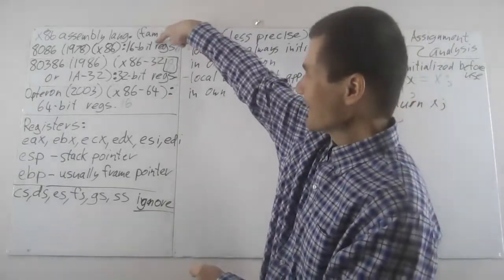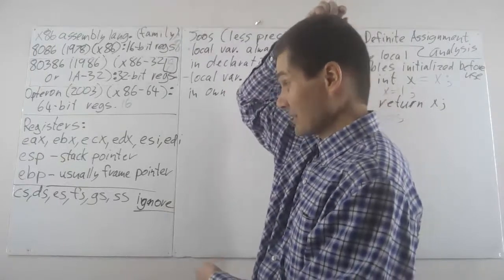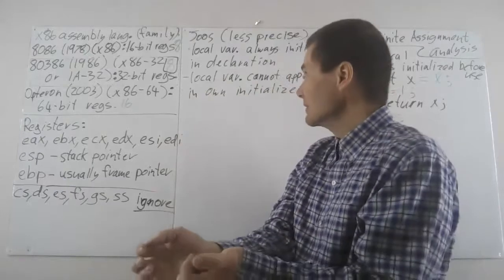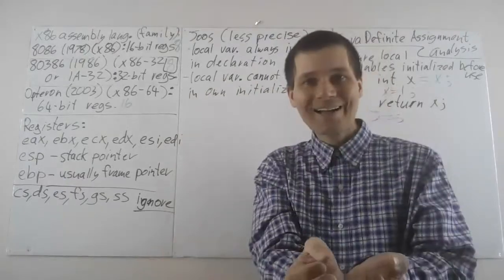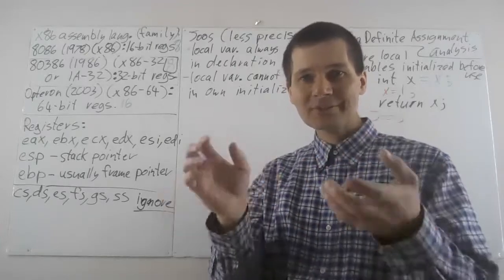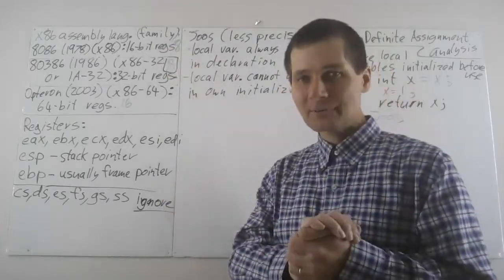Back in the olden days, our CPU had 16-bit registers. If you have a 16-bit value, how many different values can it have? Well, there's about 65,000 different values that you can store in 16 bits.